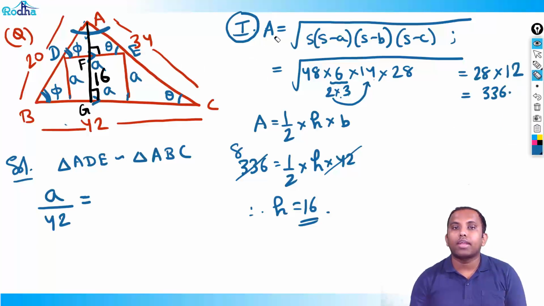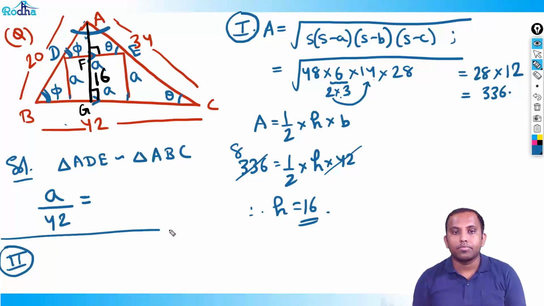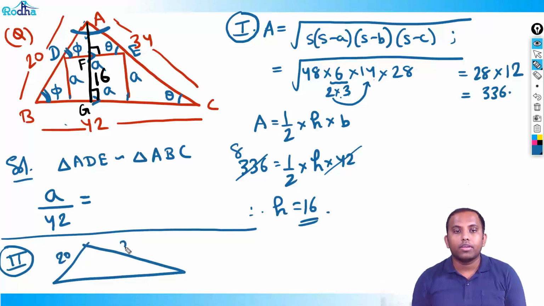Now by the second method, by use of Pythagorean triplets, how to use it here? See, method 2 by Pythagorean triplet. There is a triangle here, the triangle is 20, 34 and 42. I am calculating the height of the triangle.